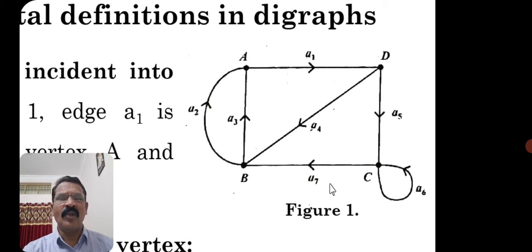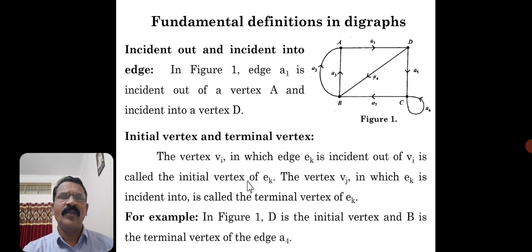Now we will see what the initial vertex and the terminal vertex are. Let us consider a vertex Vi in which the edge Ek is incident out of Vi. Vi is called the initial vertex of Ek.